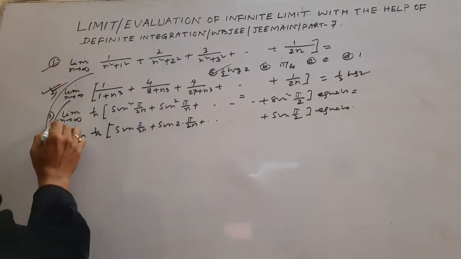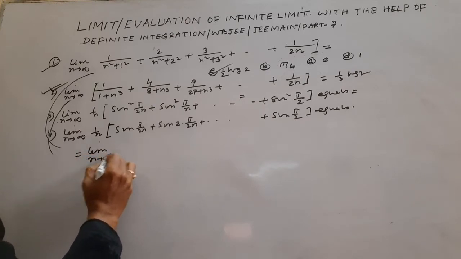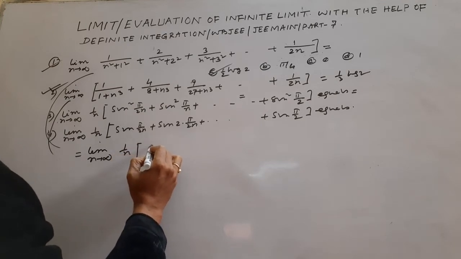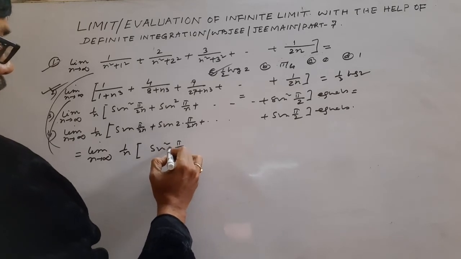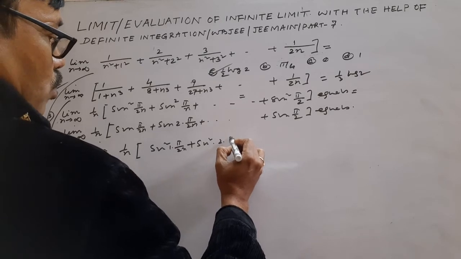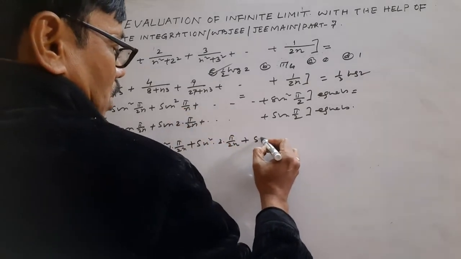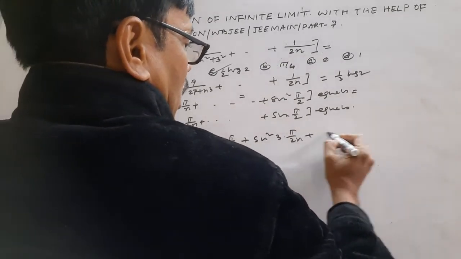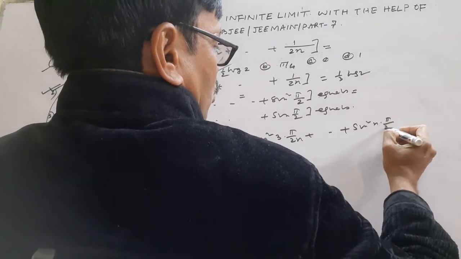So limit n tends to infinity, 1 by n, sine square pi by 2n, 1 into pi by 2n, sine square 2 into pi by 2n, sine square 3 into pi by 2n, and the last one sine square n into pi by 2n.